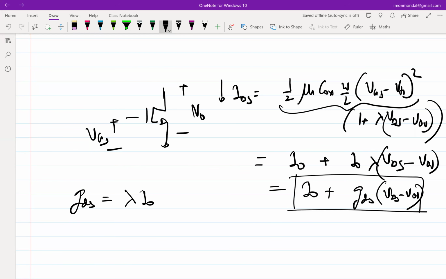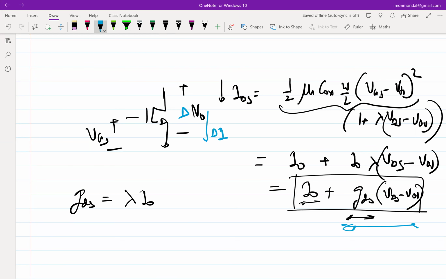It is much easier to handle incremental parameters because we can get them from the quiescent equivalent and keep using them, right? So if we resort to this kind of approximation, what we are essentially saying is, as long as we know whatever the I0 was supposed to be in the absence of CLM, or as long as we know GDS, which is easy to evaluate, the amount of change of current that is going to happen in this transistor, if delta V0 changes, is essentially this.